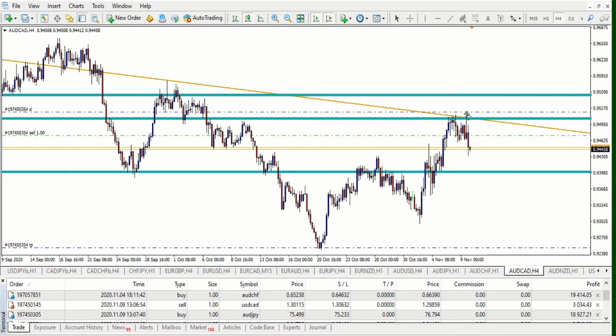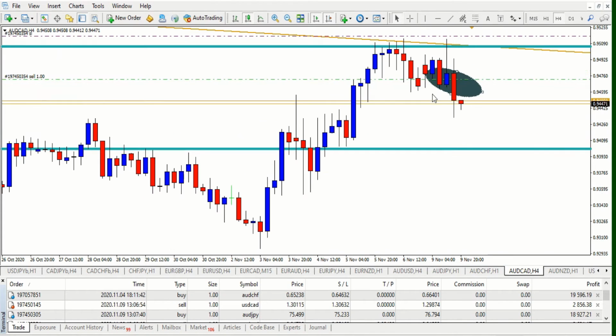After the market moved up and showed another clear rejection there, I entered at around the close of this blue candle, or inverted hammer, some people may call it.